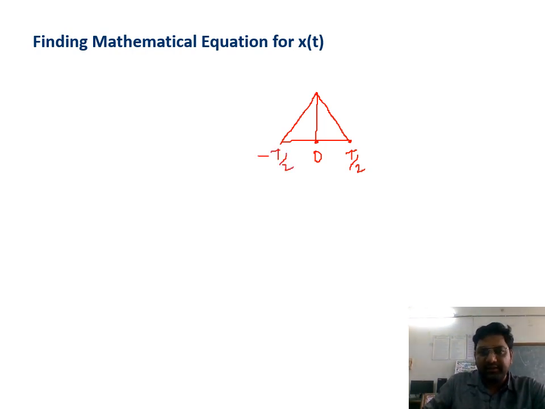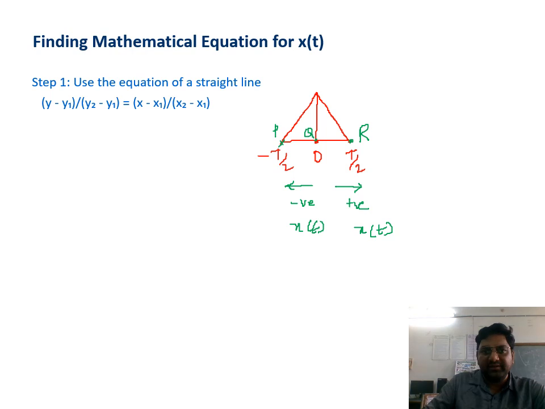So here I am marking this point as P, this point as Q and this point as R. The left side is the negative side of the signal and the right side is the positive side of the signal. First I will evaluate x of t for the negative side, then for the positive side, with positive conditions 0 and T by 2, and negative side 0 and minus T by 2.